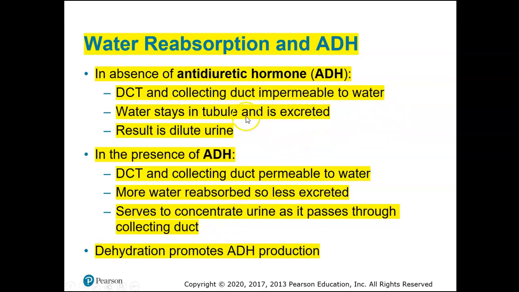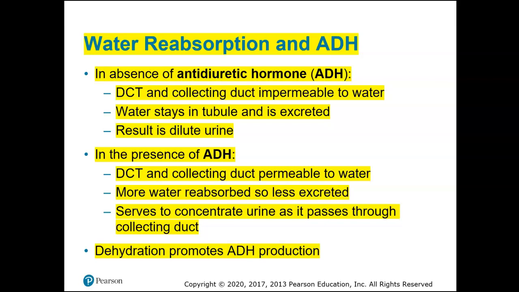In the absence of ADH, or antidiuretic hormone, it's also known as vasopressin, the urine will be diluted. It will be a large volume of very dilute urine. But in the presence of ADH, the DCT will concentrate the urine.